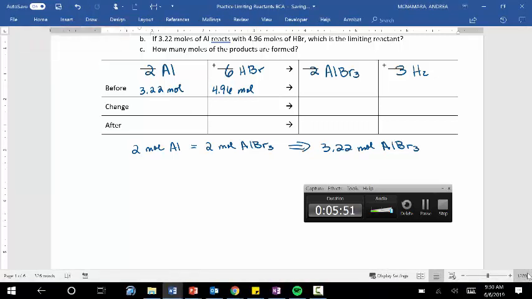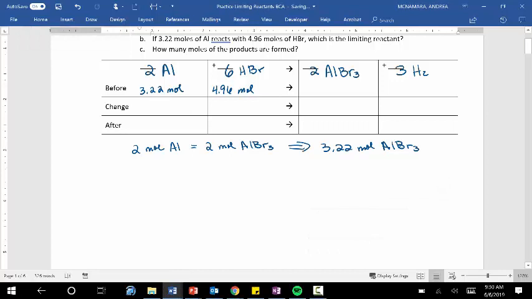Okay, so with the hydrogen bromide, I have from my equation 6 moles of hydrogen bromide for every 2 moles of aluminum bromide. So I need 6 moles of HBr for every 2 moles of aluminum bromide that I want to form.